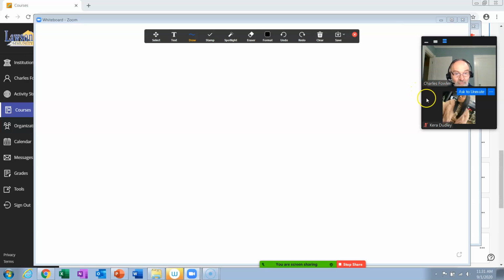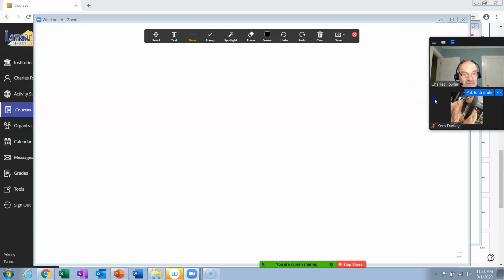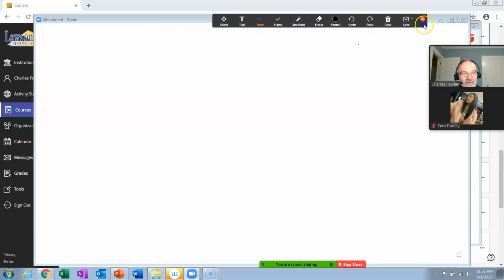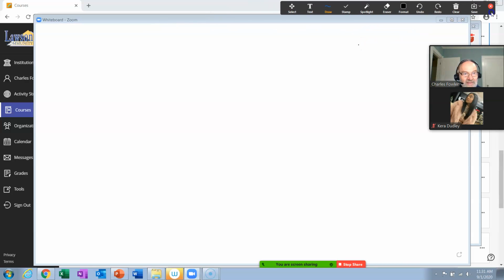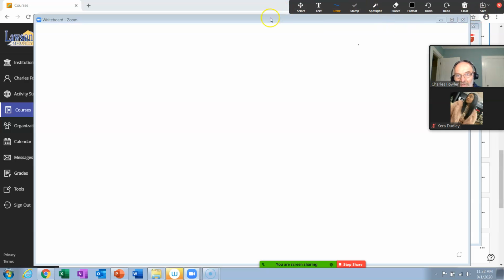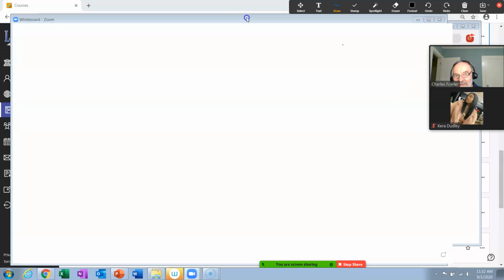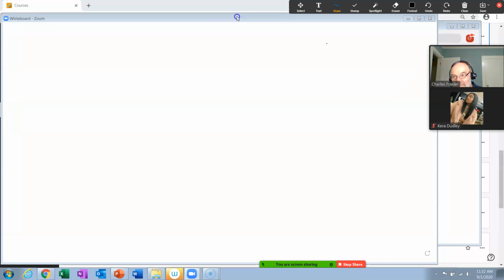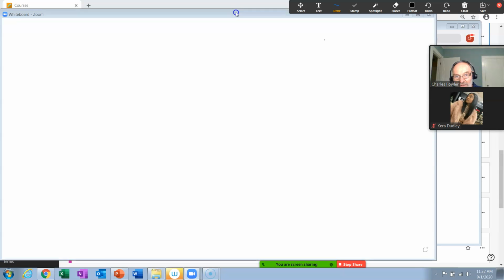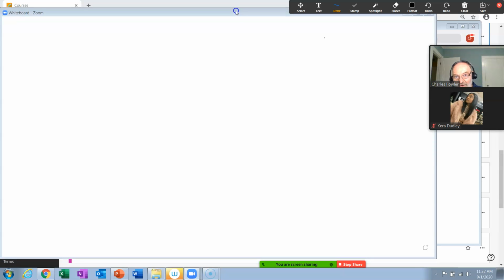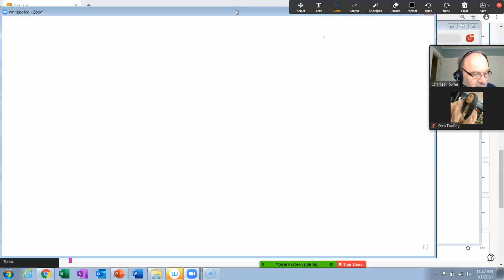I scoot us a little to the right, scoot one toolbar down, the other up and to the right, and then I move the whiteboard as far to the left and up as I can to get maximum white space for me to write. I think all you see is white, but I have a limited amount of white.